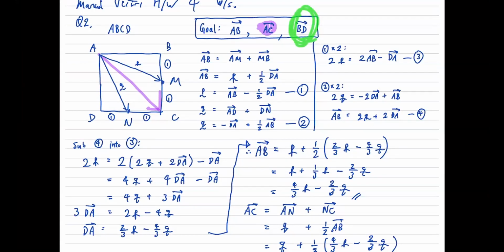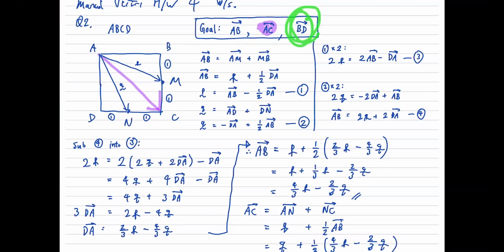You want to try how to find vector BD? BC minus CD. Sorry, what minus what? Vector BD.